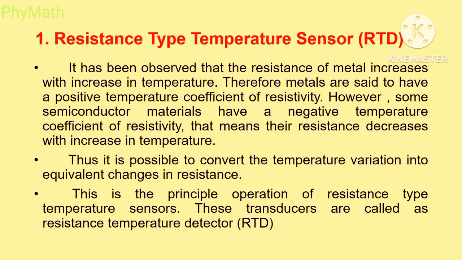What is meant by positive temperature coefficient or PTC? If the temperature of the metal increases, then its resistance will increase. That means temperature and resistance are directly proportional to each other, and that indicates the positive temperature coefficient of resistivity.